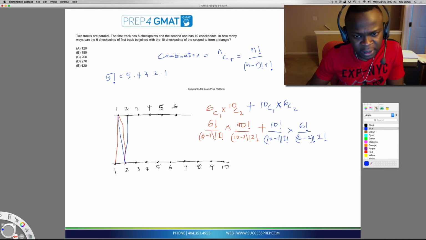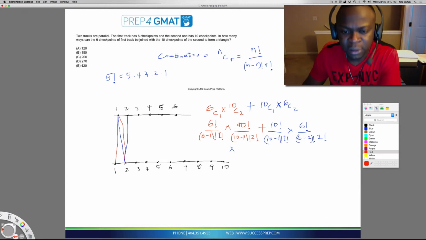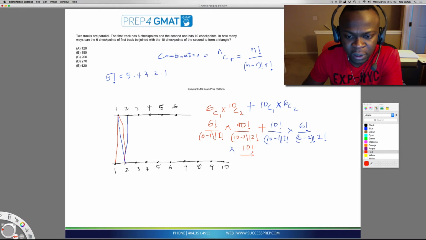So if I look at this one, for example, actually let me do this one. I think this one has a lot more complexity. If you look at the 10 factorial over 10 minus 2 factorial, 2 factorial, that is essentially 10 factorial over 8 factorial, 2 factorial.